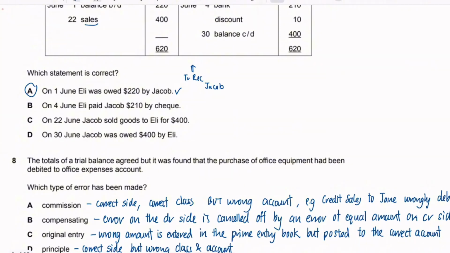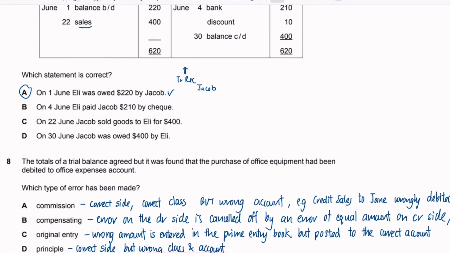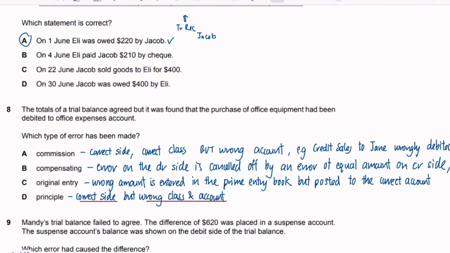Okay, question 8. The total of trial balance agreed, but it was found that purchase of office equipment had been debited to office expenses account. Which type of error has been made? So for this one it is definitely the error of principle. So let me write down the entry.